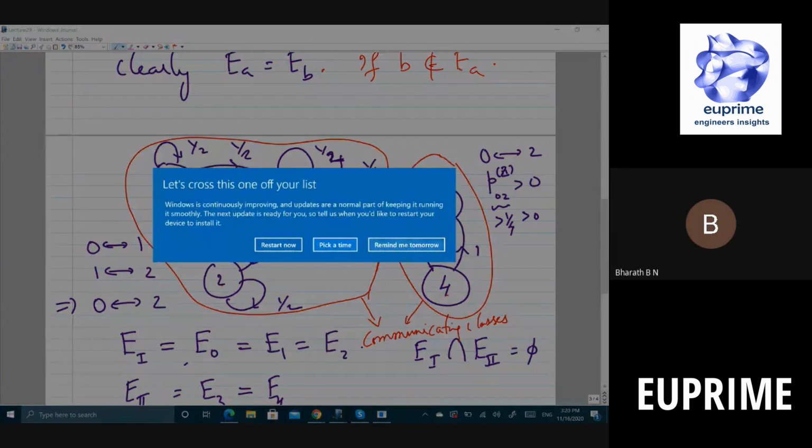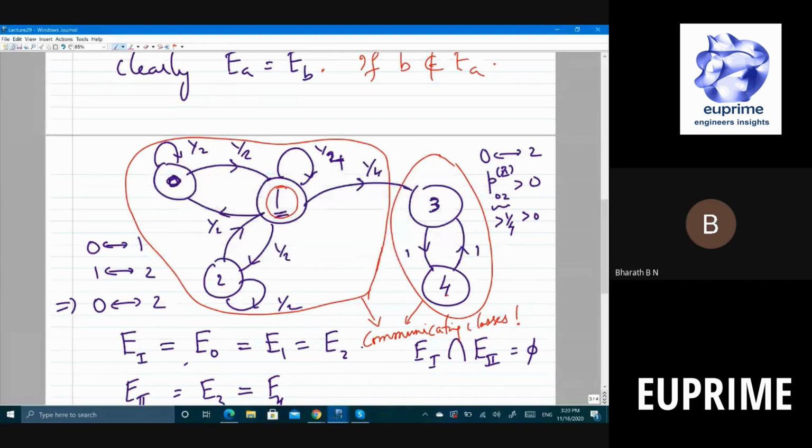What is your question, Sumit? Sir, we have defined communicate like both double arrow sides, I double arrow J. Here we are defining that I connects to J implies J connects to I. This both implies that they are just communicating with each other only.